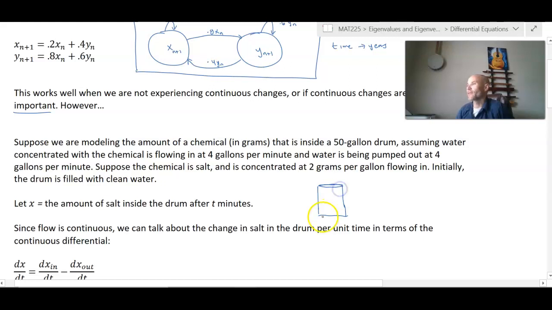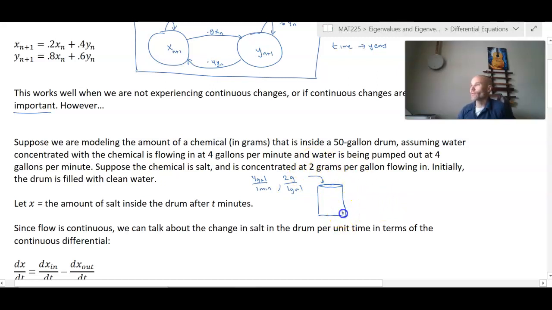This is just my container here, and we have something coming in, and what we have coming in is 4 gallons per minute of liquid. And we also know, and I'll just put a comma here, that it's concentrated with 2 grams per 1 gallon. We'll come back to this in just a moment, but that's what we have coming in.